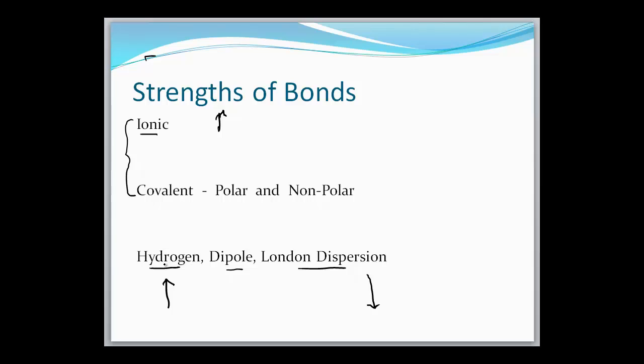If something undergoes hydrogen bonding and you're comparing it to something that undergoes dipole interactions or London dispersion, the thing that undergoes hydrogen bonding is going to have the highest boiling point because it has the highest intermolecular force. Dipole would be next, and London dispersion would be next from that.